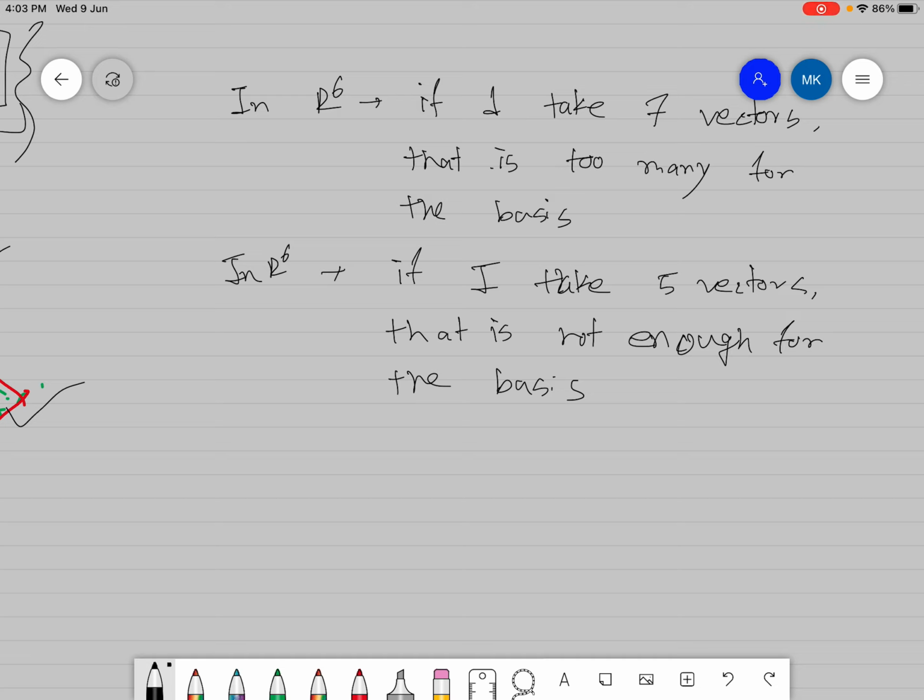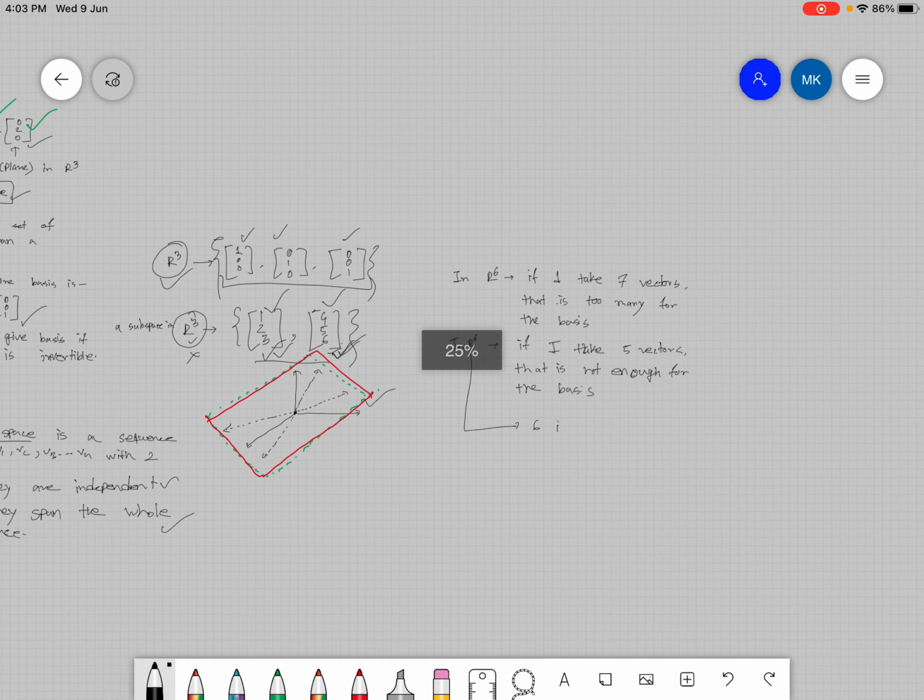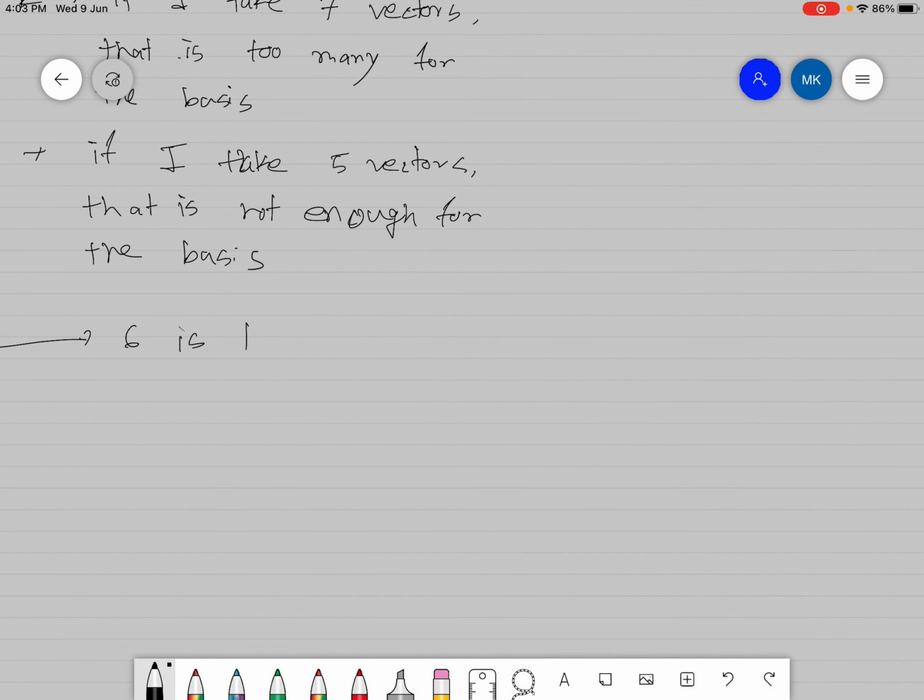You need to have exactly 6 vectors to be a basis, or there should be 6 vectors inside the set of bases to span the whole of R6, right? So for this R6, 6 is the perfect number, right?